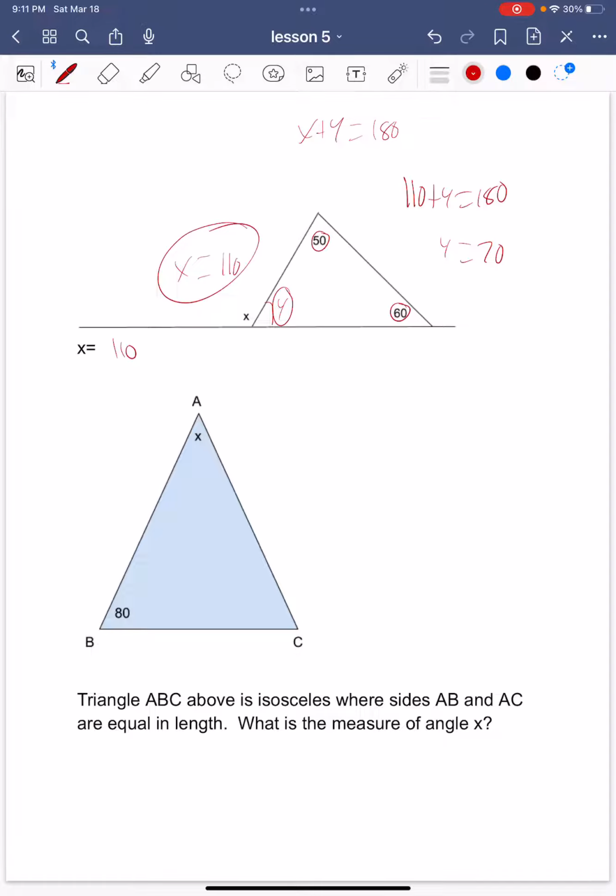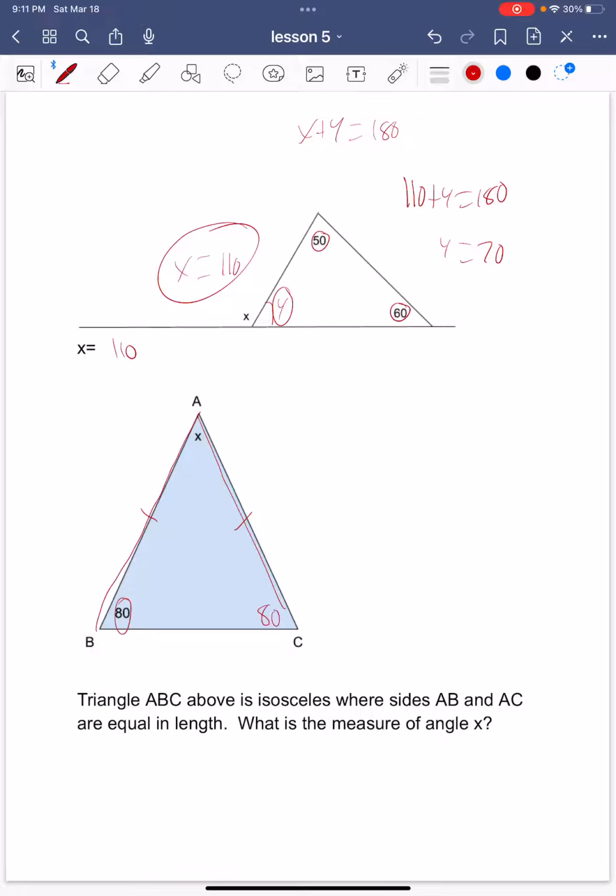All right, triangle ABC above is isosceles, where sides AB and AC are equal. So I'm going to mark those with ticks. What is the measure of angle x? Well, if we know that these sides are equal in an isosceles triangle, we know that the angles opposite of those sides are equal. So the angle opposite of this side is this angle, and the angle opposite this side is this angle.